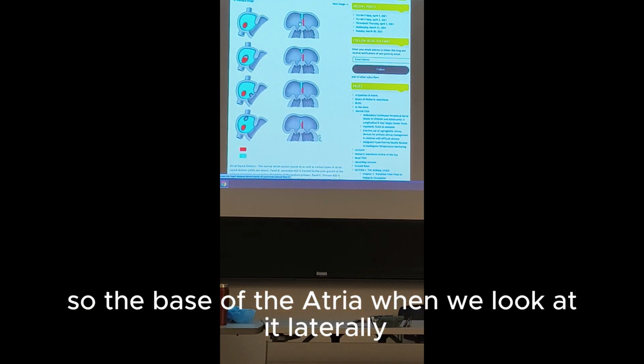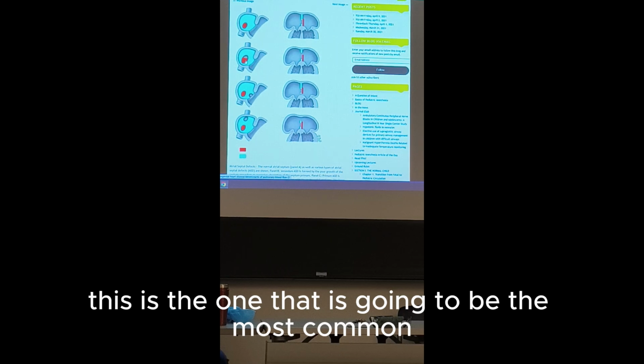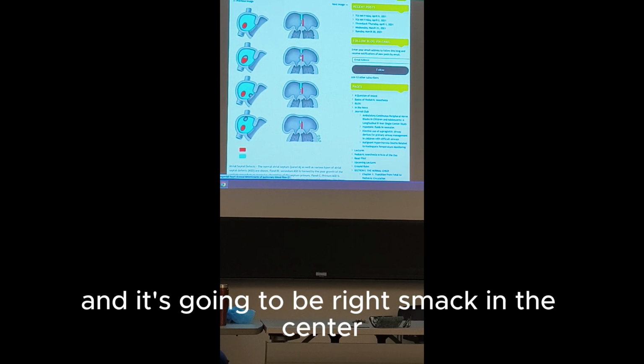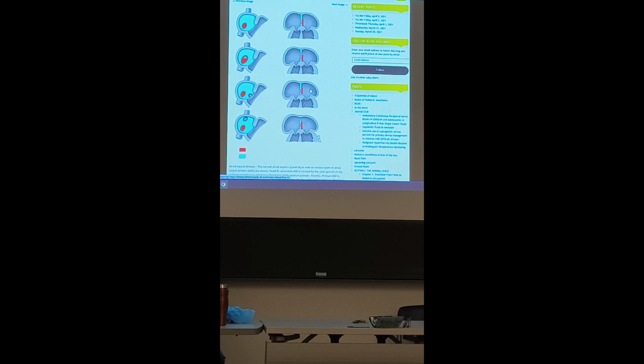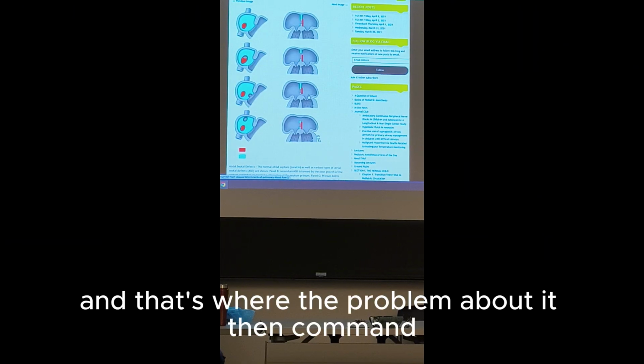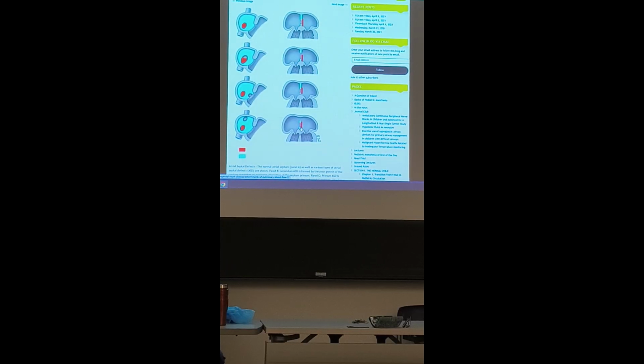So the base of the atria, when we look at it laterally, the ostium secundum is the one that is going to be the most common and is going to be right smack in the center and is greater than any of the others. And that's where the foramen is above it, right? Correct.